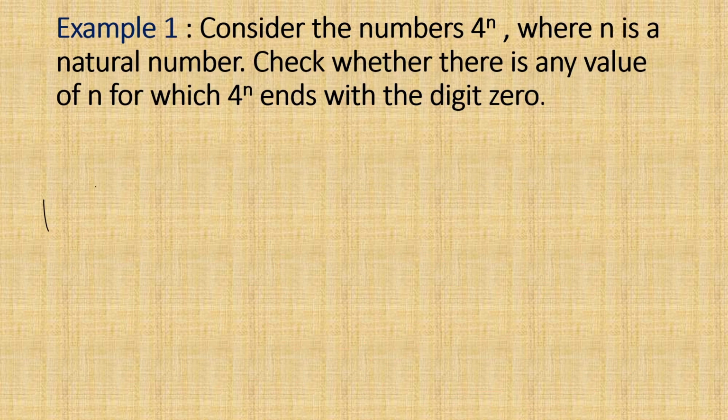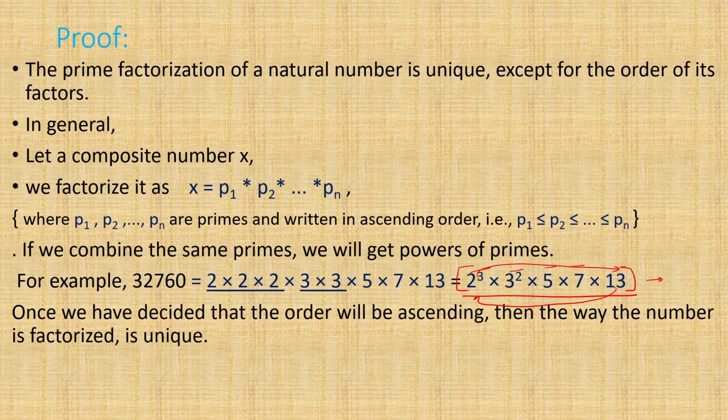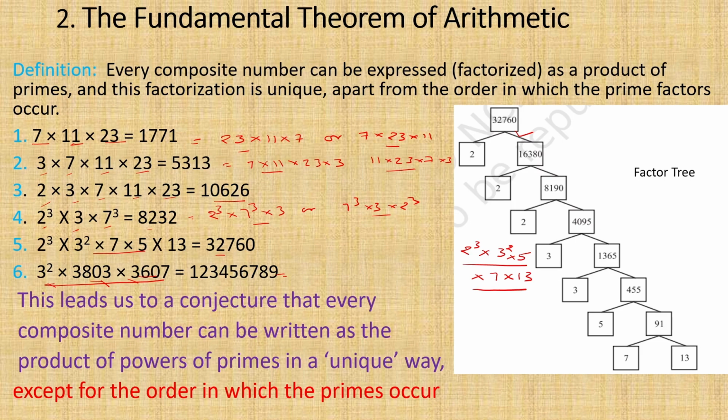So what we have seen here: first, the fundamental theorem of arithmetic, that every composite number can be expressed as a product of primes, and its factorization is unique apart from the order in which the prime factors occur. That means every composite number is represented in only one possible way as a product of prime numbers.